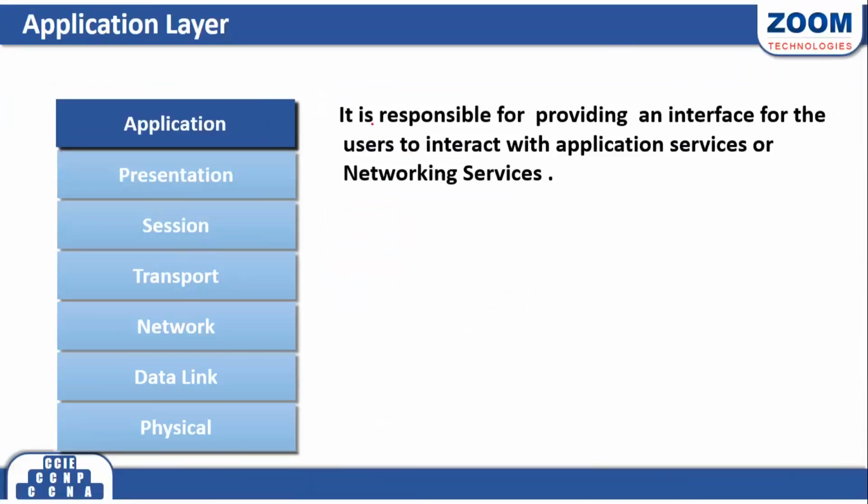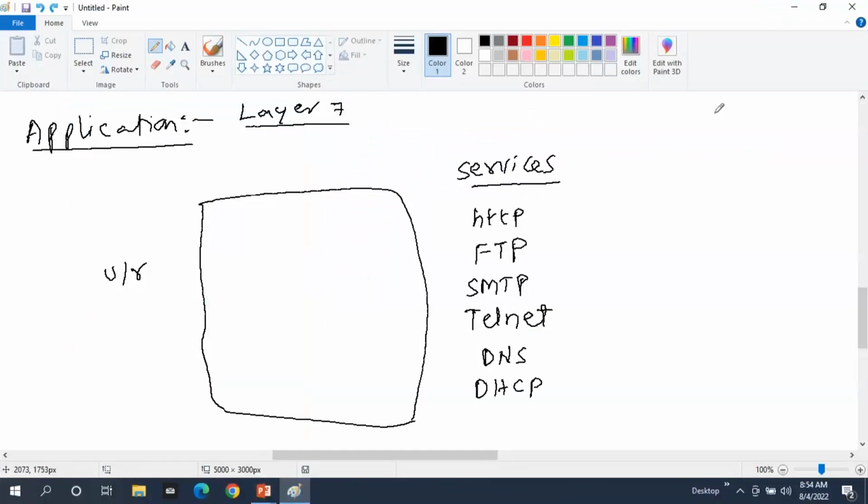It is responsible for providing an interface for users to interact with application services or networking services. So without an operating system, can you work with computers? No, because it's the interface between user and hardware. Like without a NIC, can you form a network?